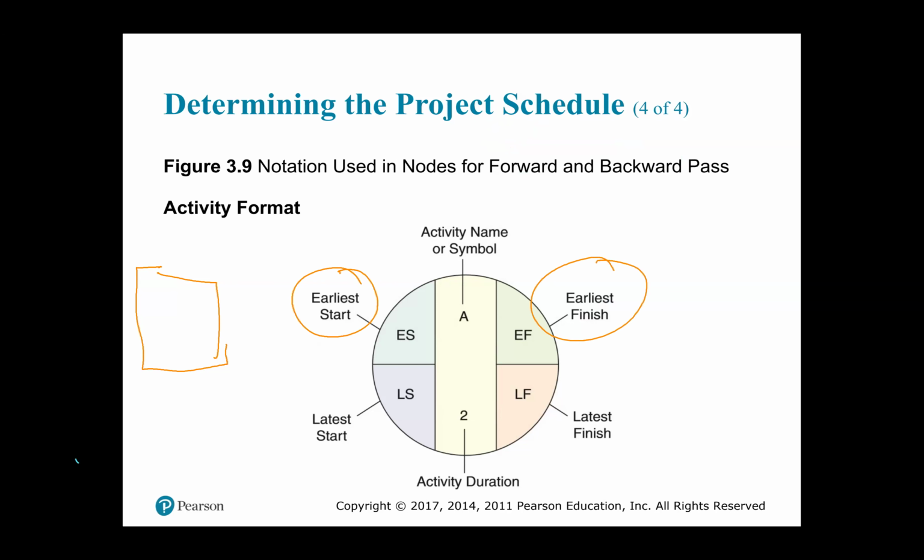In the bottom left hand of the node, you will find your late start. And in the bottom right hand, you will find your late finish. In the center top, you will find the activity name or symbol or however we have designated that activity. And in the bottom center, you will find the duration of the activity.